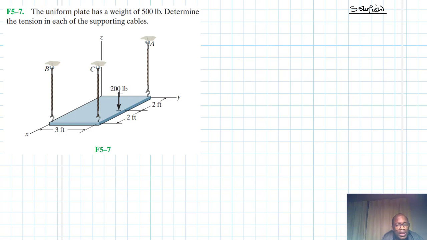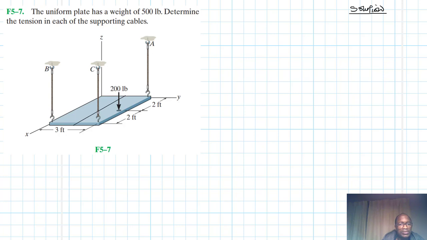We have three cables. So what we are going to do now is to draw the free body diagram. Let's place the 500 pounds weight of the uniform plate at the center of gravity. Since this is a rectangular plate, it's very easy to locate its centroid.